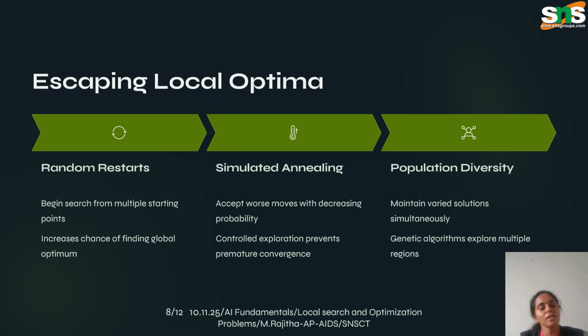Population diversity: use multiple candidate solutions like in genetic algorithm to explore more areas. Real world analogy: if one road is blocked, start again from another route. And to conclude, escaping local optima makes local search more powerful and flexible.